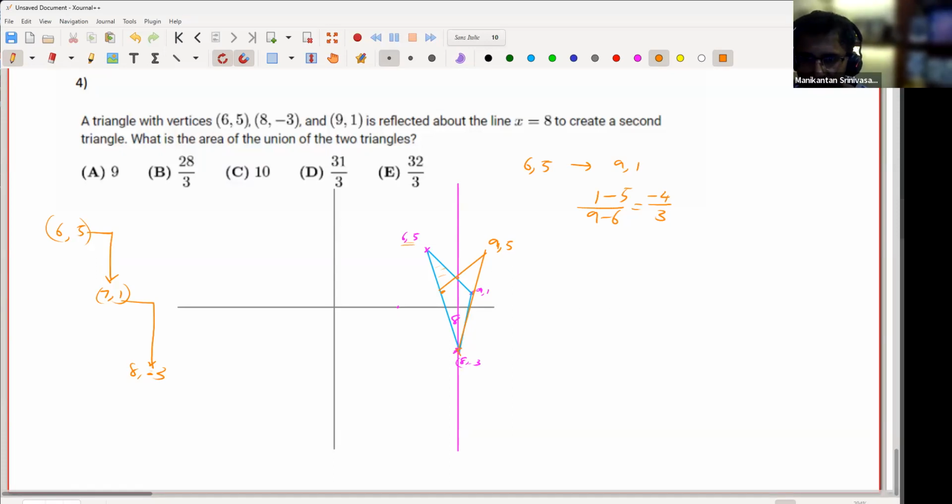So y equals -4 by 3 x plus c. Okay, so we can find that very easily, right? We just have to find the ratio. In fact, we don't even have to do this.